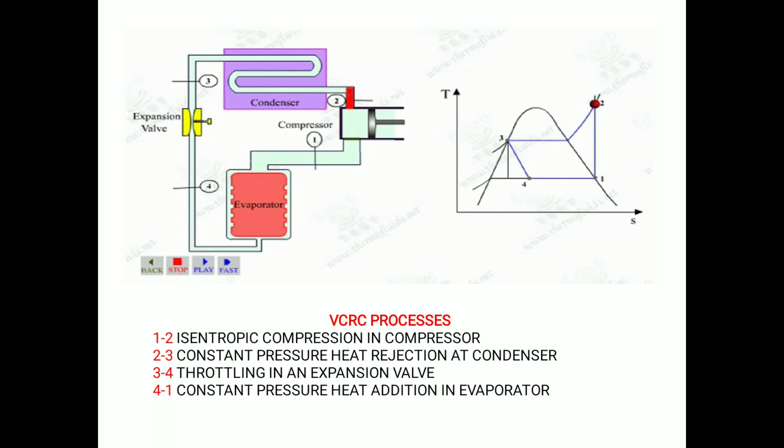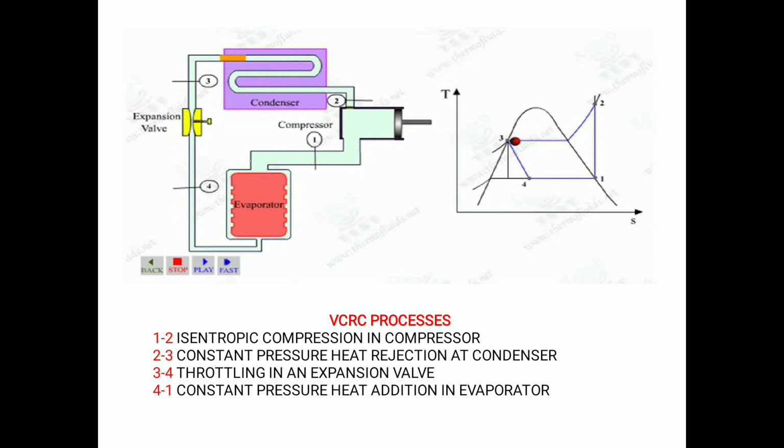So this diagram explains how a vapor compression refrigeration cycle works. A vapor compression refrigeration cycle consists of four important processes. First one is process 1 to 2, that is isentropic compression in compressor, and then process 2 to 3, that is constant pressure heat rejection at condenser, and process 3 to 4 is a throttling process and it will happen in an expansion valve.